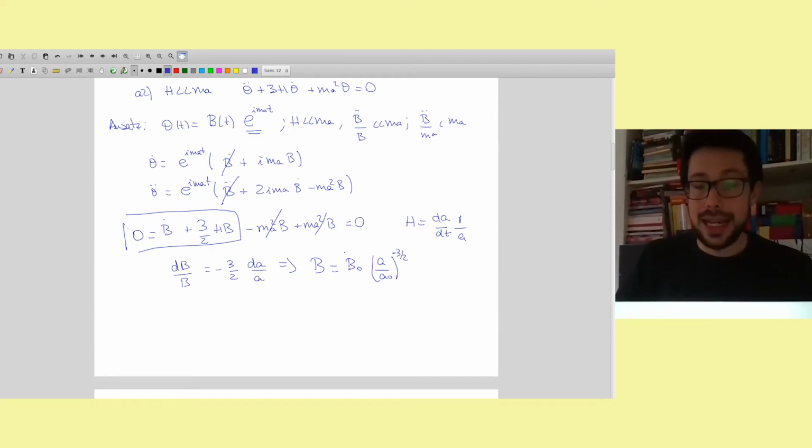Okay. And now we can go back that what I'm calling here B0 is nothing but the initial misalignment, so I can write here theta initial.